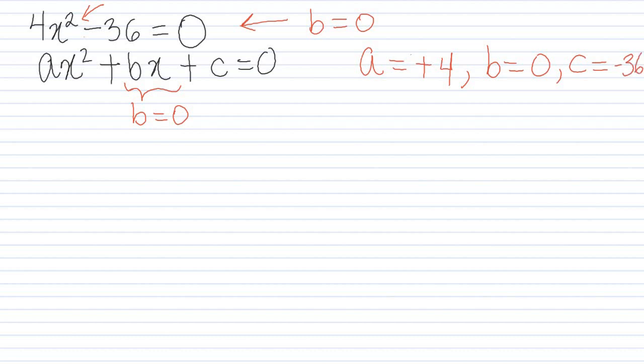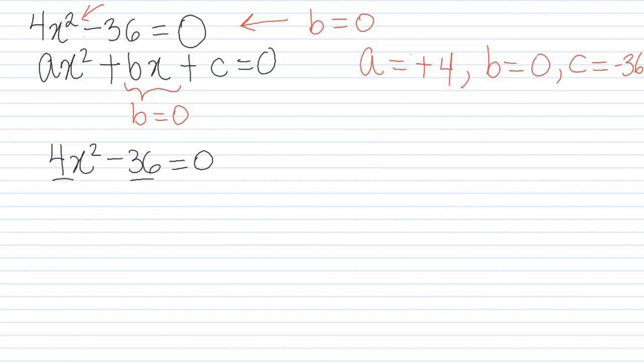Now, a way to work with this question is for you to first of all factorize. What I mean by factorize is not necessarily doing the factorization method of solving a quadratic equation, but doing the regular factoring that we know in math. So you have 4x squared minus 36 equals 0. Well, 4 is an even number. 36 is an even number.